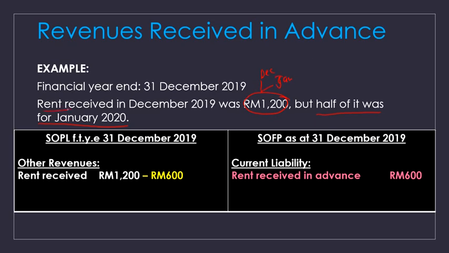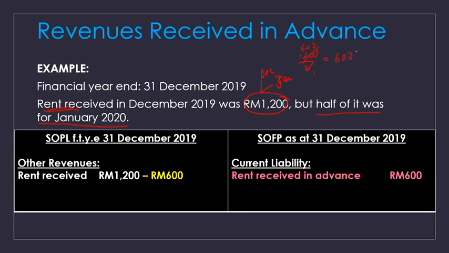Okay, rent received, dia terima untuk 2 bulan. So maksudnya you kena cari untuk 1 bulan lah. 1 bulan rental income dia berapa. So 1,200 bagikan dengan 2 bulan, so you akan dapat 600. Okay, RM600 lah 1 bulan.